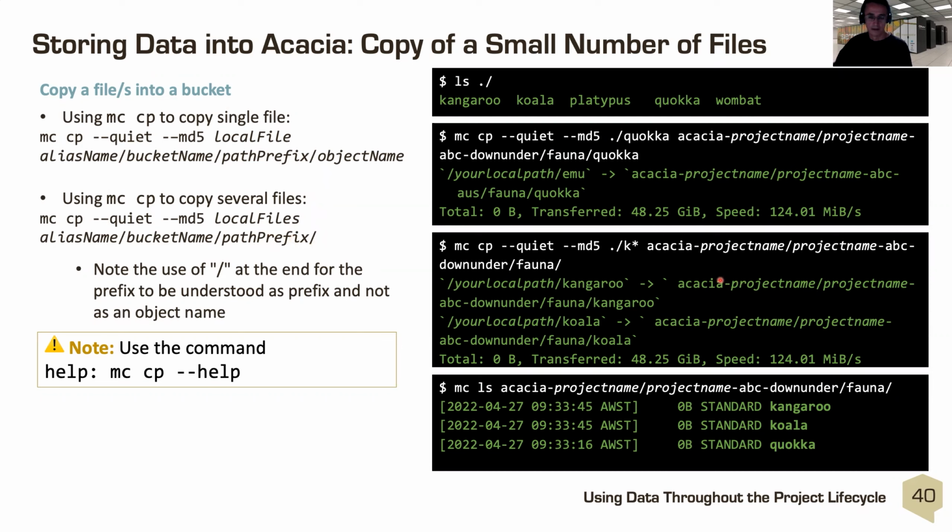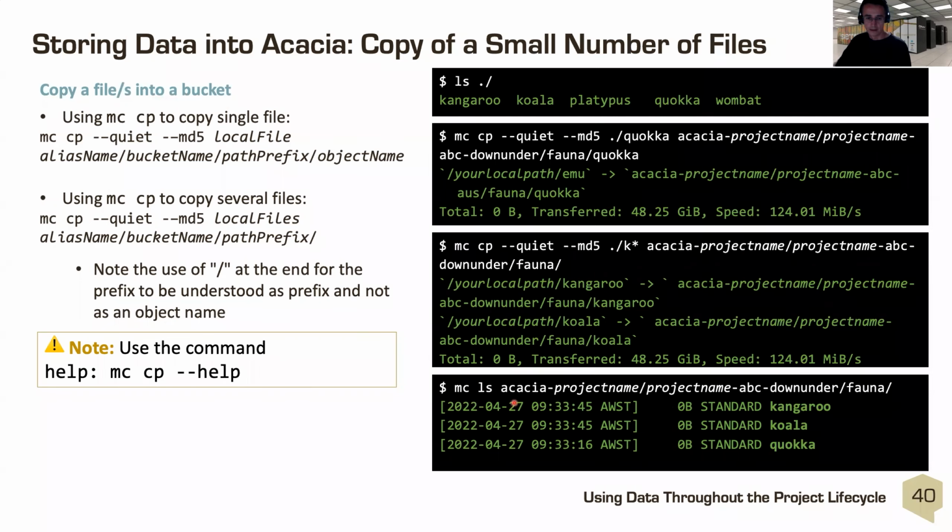It is important to have the knowledge about that. Okay, so if you want to copy all the files starting with K, then you execute the same command. Here you use a wildcard to define several objects starting with K. And again, you say the alias, the bucket, the prefix, and then all the K files are copied into there.